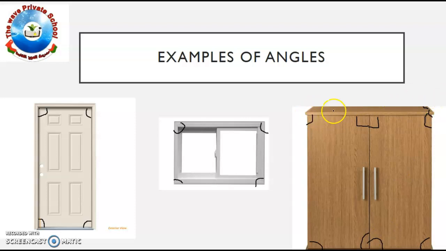Yes, very good. Now you have 30 seconds. You have to look around and observe anything. Tell me how many angles you can see in that thing. Observe it and note it down on any paper. Yes, your time starts now.